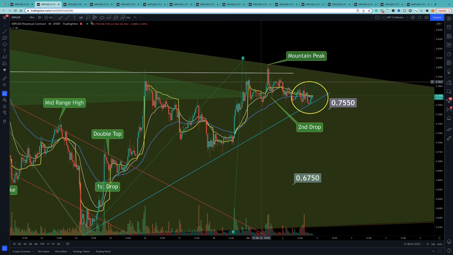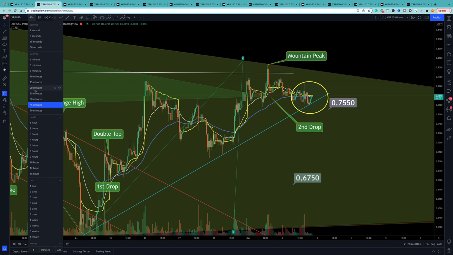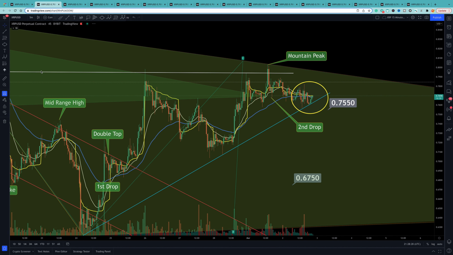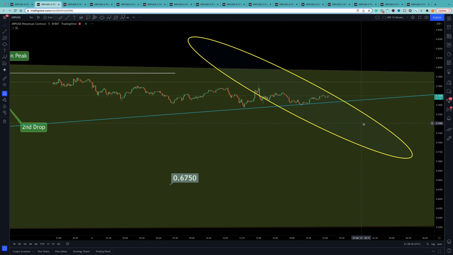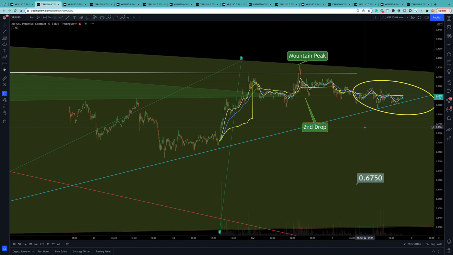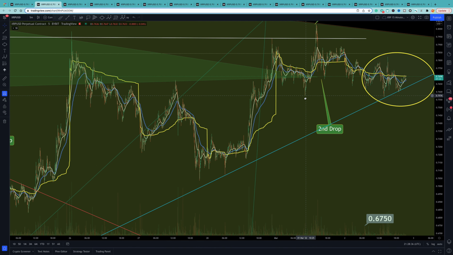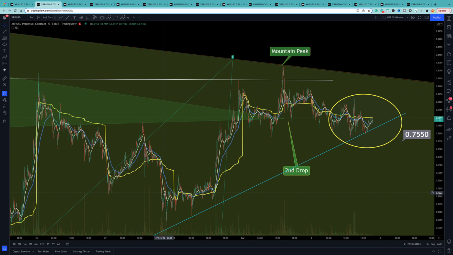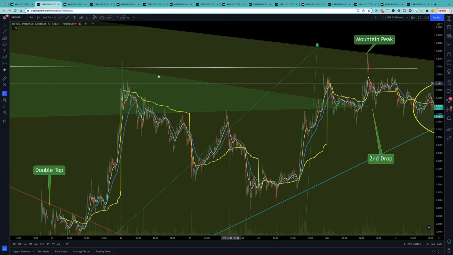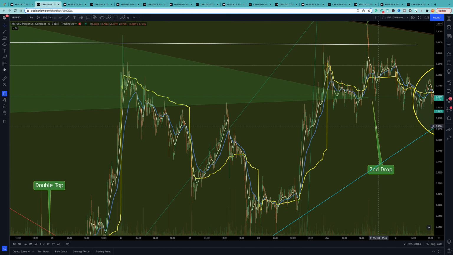So this is what we're looking at here. Let me zoom into the 5 minute. So here it is. This was mountain peak, actually. This was mountain peak, and then we shifted it to here.